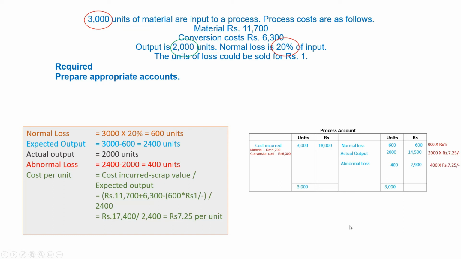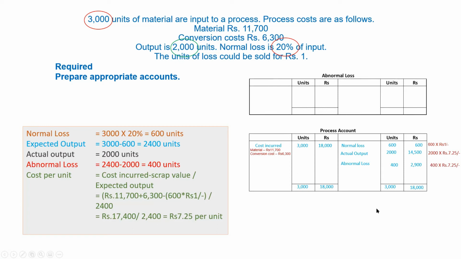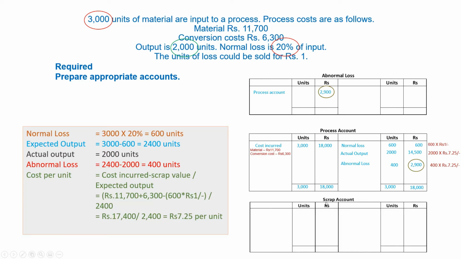So let's balance this account, and we'll open an abnormal loss account. This abnormal loss of 2,900 will be transferred to the abnormal loss account. Then we'll open up a scrap account, because the normal loss of 600 has to be sold. So the 600 units will be transferred to the scrap account.